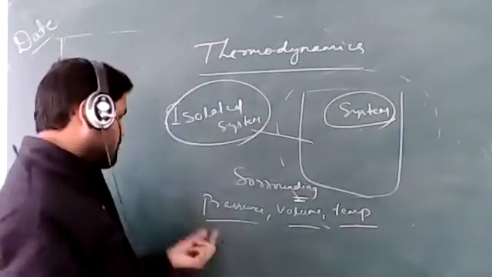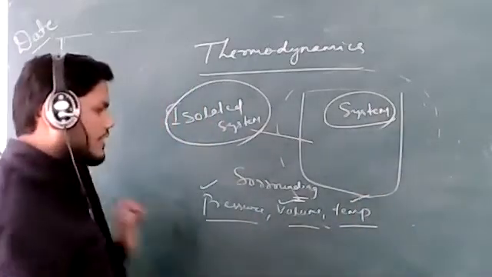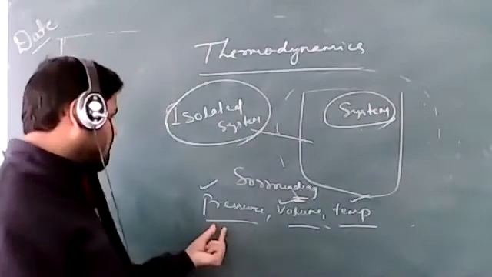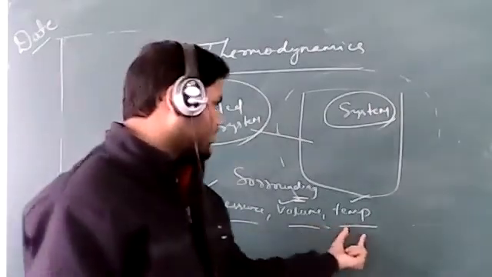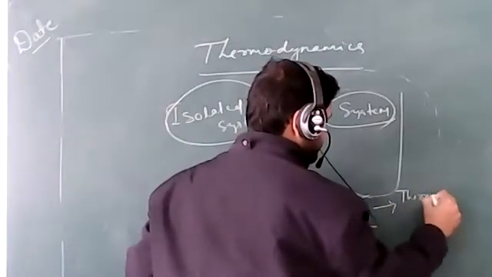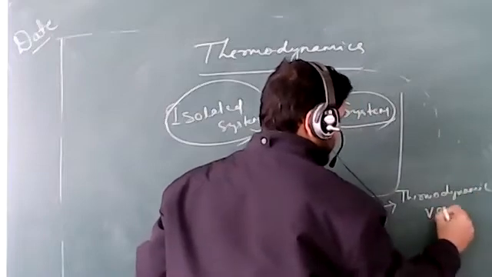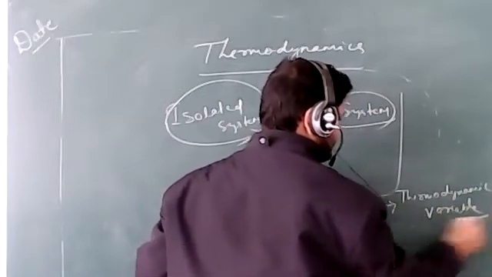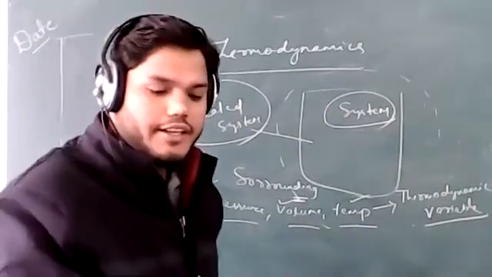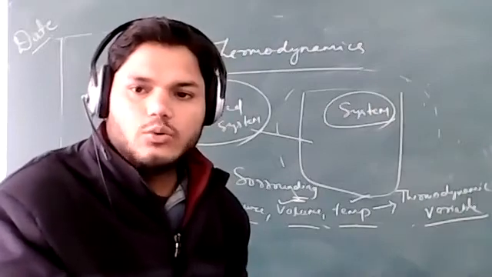So these particular variables, pressure, volume, and temperature, are also called the thermodynamic variables. Okay, then comes thermal equilibrium.